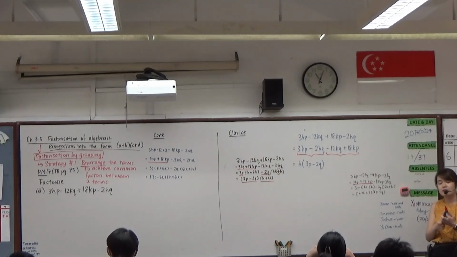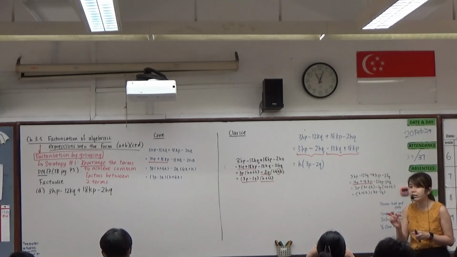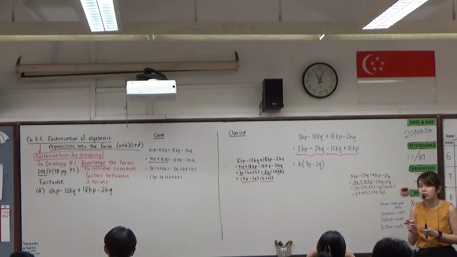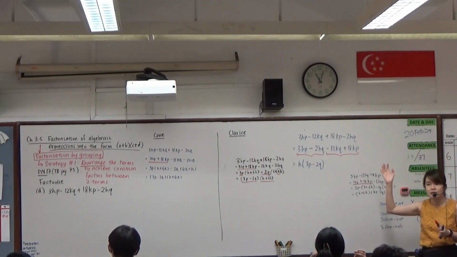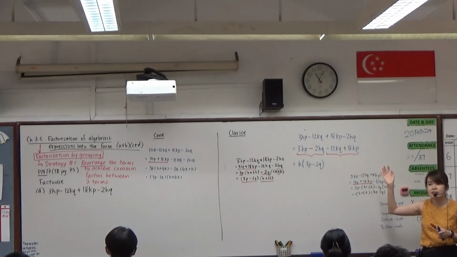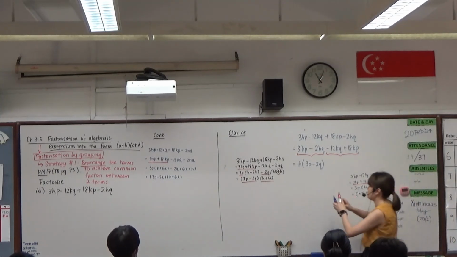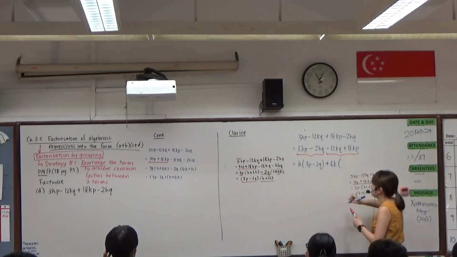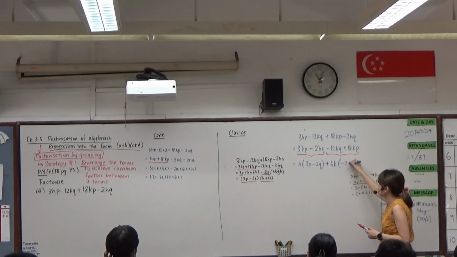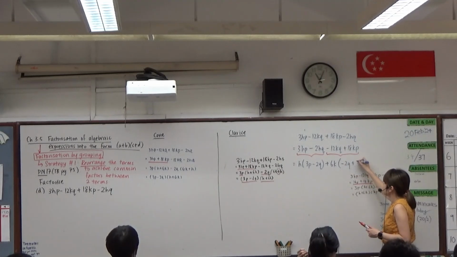What is the common factor that we'll take out in this case then? Negative 6 or positive 6? How many of you say negative 6K? Anybody say positive 6K? If you were to do positive 6K, then what we'll be left with will be negative 2Q along with positive 3P.